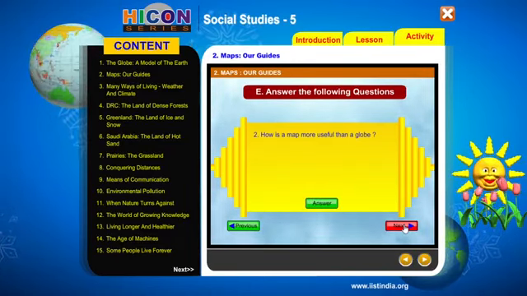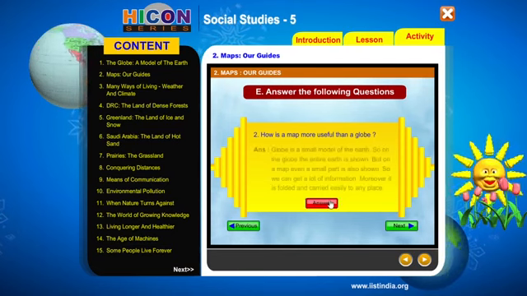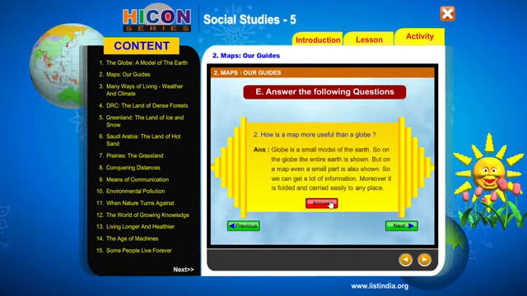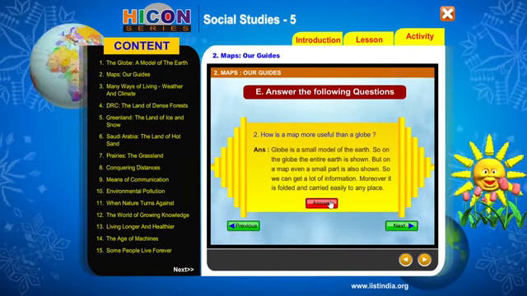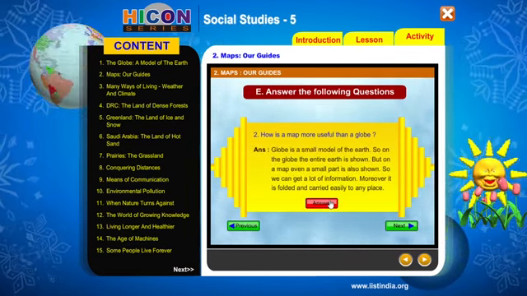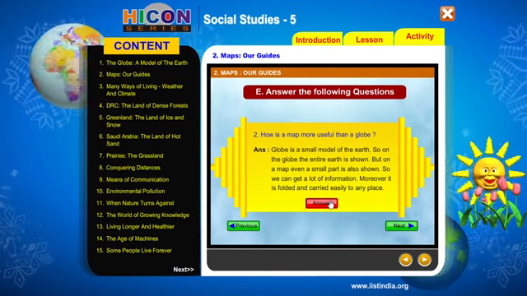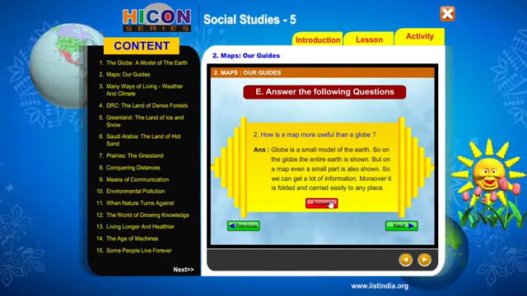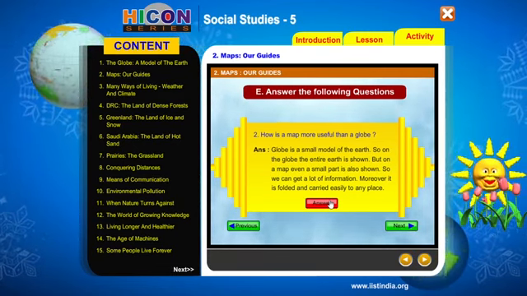So how is a map more useful than a globe? Globe is a small model of the earth. So on the globe, the entire earth is shown. But on a map, even a small part is also shown. So we can get a lot of information. Moreover, it can be folded and be carried easily to any place.